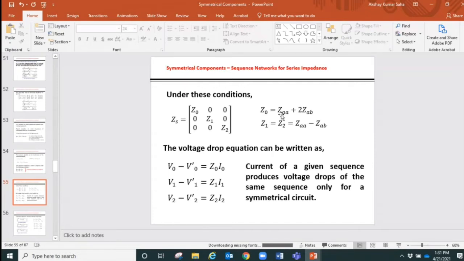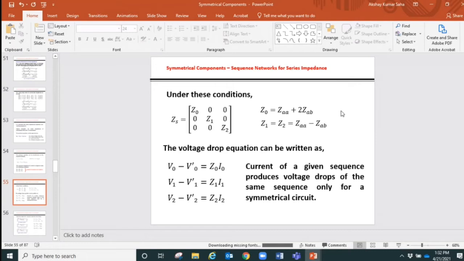So what we'll find is that Z0, the zero sequence impedance, is the sum of those two impedances, ZAA, meaning the self impedance of that phase A, and the mutual impedance between A and B times 2, whereas Z1 and Z2 will be the same, and they will also be the sum of those two impedances, ZAA and ZAB, but in this case ZAA minus ZAB.